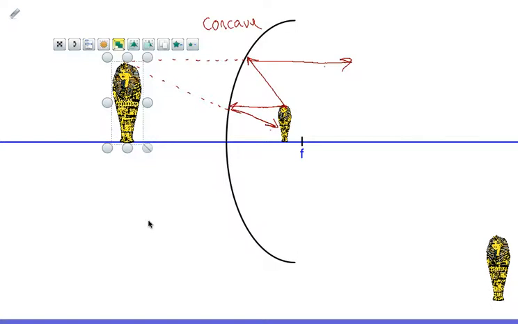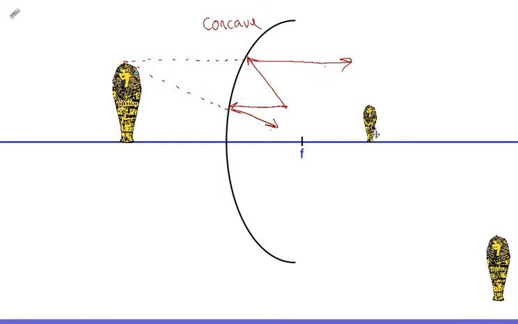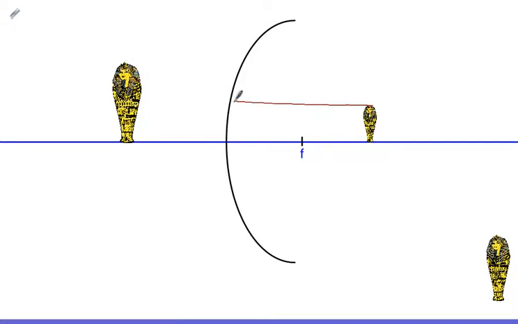If I instead move this so it's outside the focus to begin with, look at what happens now. Again, I'm going to choose one ray of light that comes in parallel to the axis, and that's going to bounce back through the focus. Now I'm going to take another ray of light that goes through the focus, and the rule is that it bounces back parallel. Those 2 do really intersect, but now they intersect below.